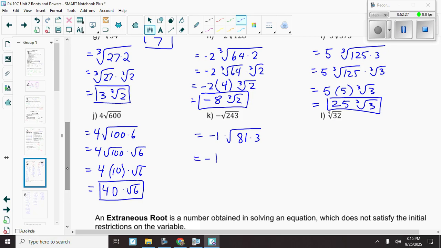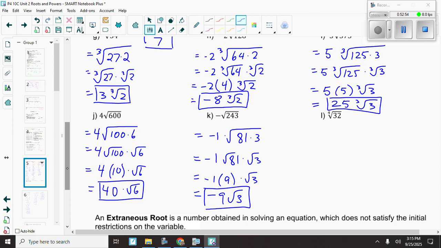So then we have to put them in separate signs. Take the square root of 81. Just remember to multiply, it gives you negative 9 times the square root of 3. So that's what happens when there's just this floating negative sign. It's actually a negative 1.